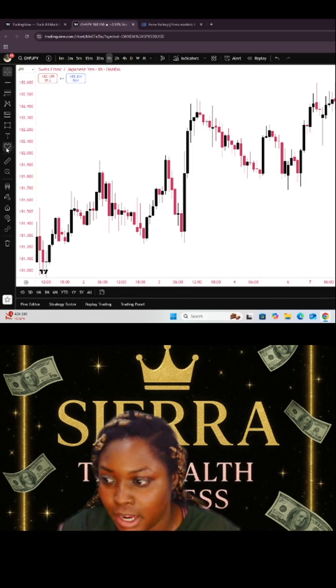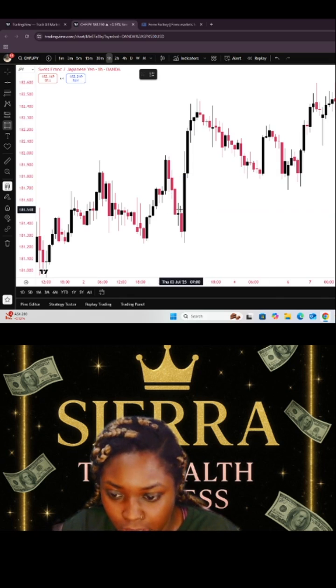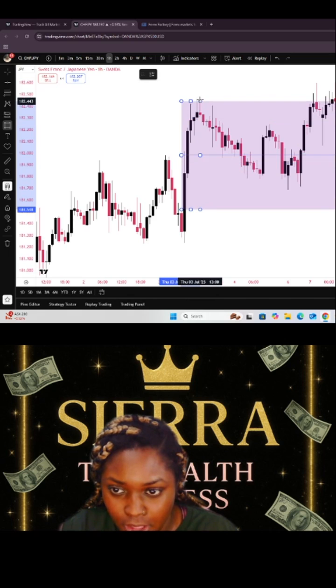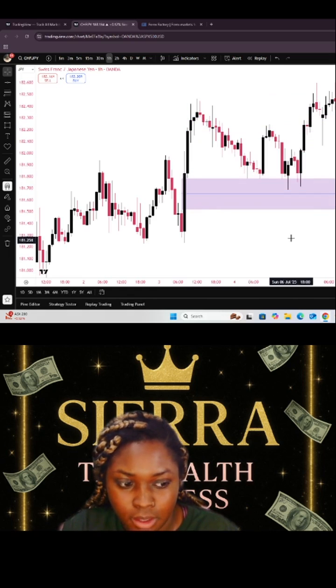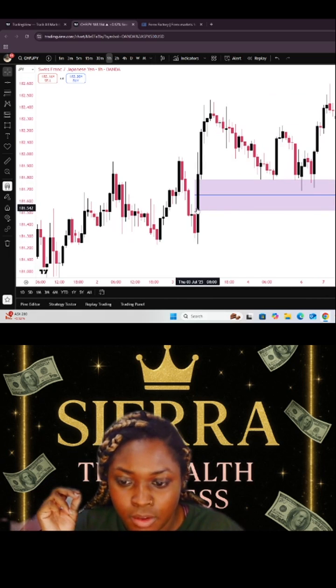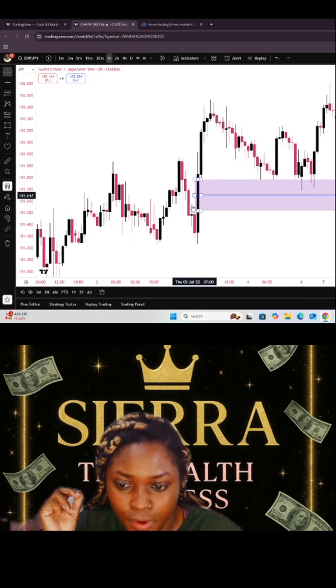But with the magnet tool, it automatically just grabs that wick. It just grabs to wherever I put my crosshair. You see that? Okay. So from wick to wick. Okay. So this is how we draw a fair value gap.